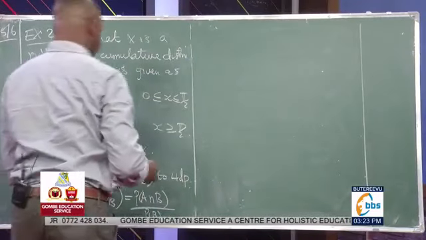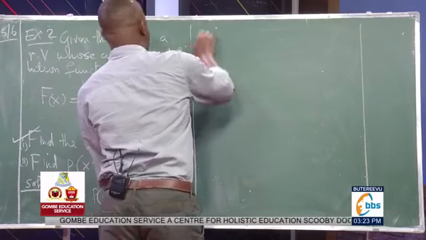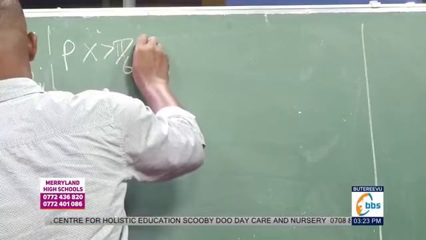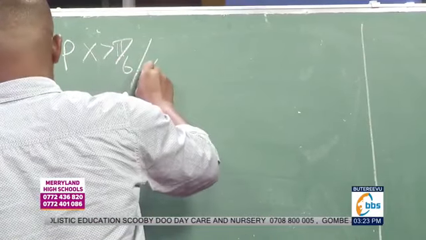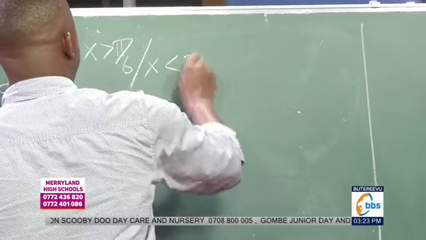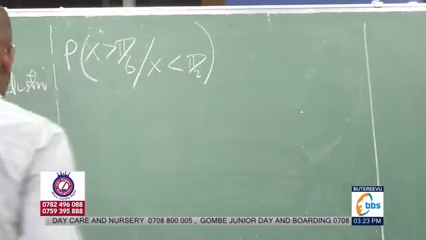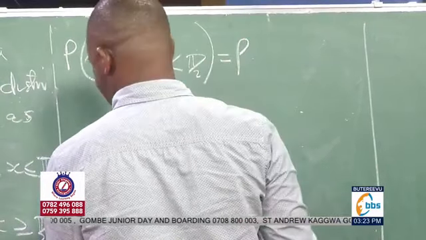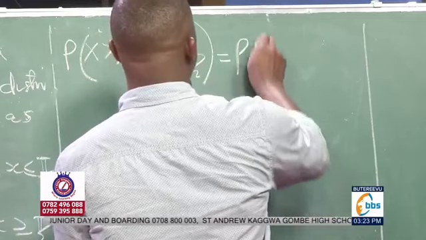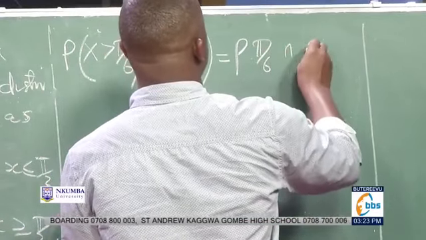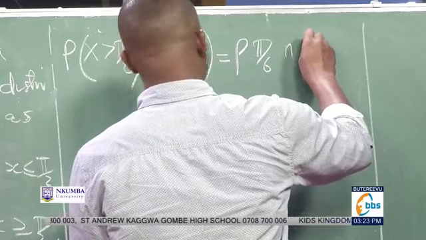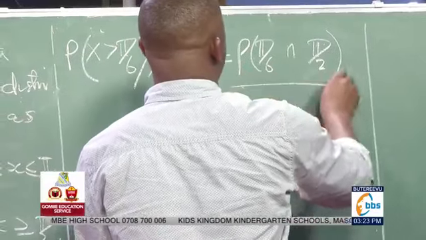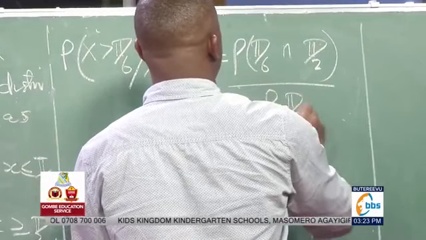it implies that P of x greater than pi by 6, given that x is less than pi by 2, is equal to the probability of A, which is pi by 6, intersection pi by 2, over the probability of pi by 2.